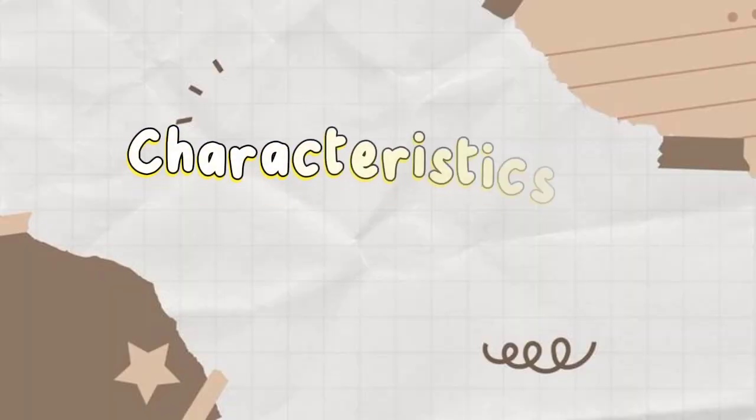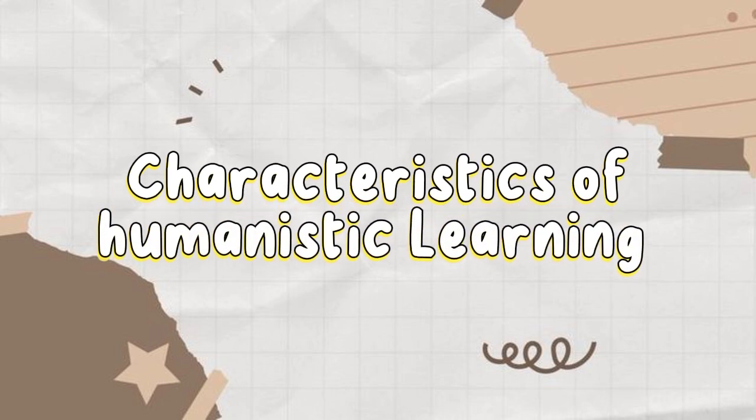The fourth point is about the characteristics of humanistic learning. After we talked about the basic principles of humanistic learning theory, now we are going to talk about its characteristics. The first is freedom and autonomy. It means that we give students freedom to explore and guide their own learning.